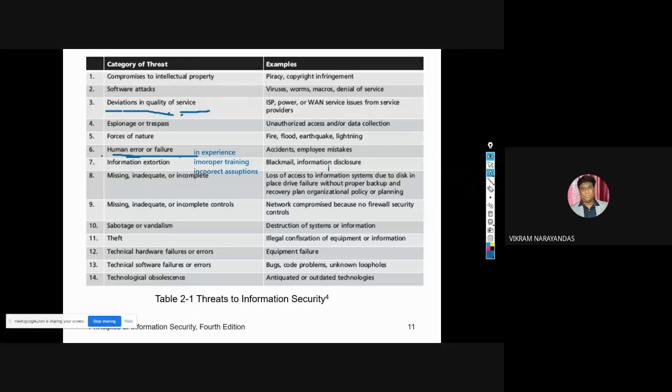Please chat in the chat box. Airtel, then ISPs, power services.